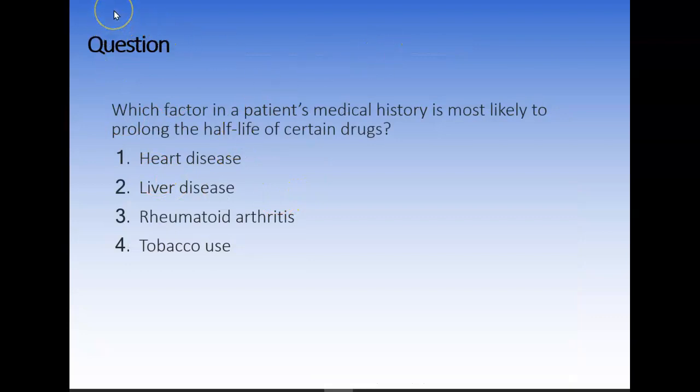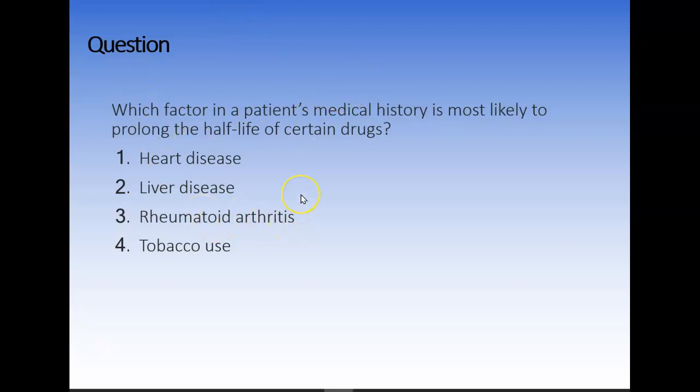So let's talk about a question. Which factor in a patient's medical history is most likely to prolong the half-life of certain drugs? We have 1, heart disease, 2, liver disease, 3, rheumatoid arthritis, and 4, tobacco use. Well, let's try to eliminate some. I'm not sure what tobacco use would alter in the half-life of any drug, so personally I'm going to eliminate that.